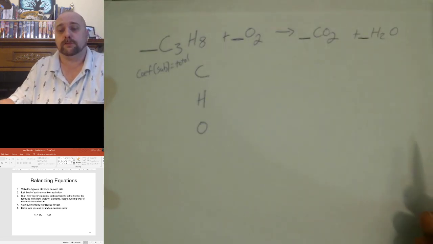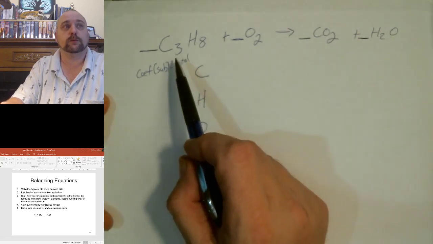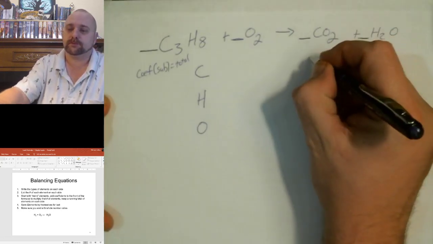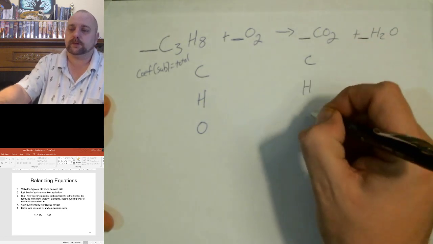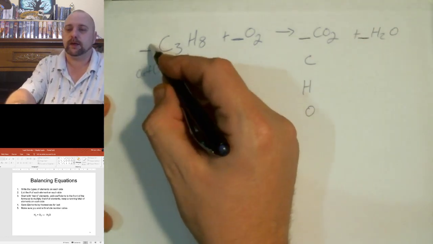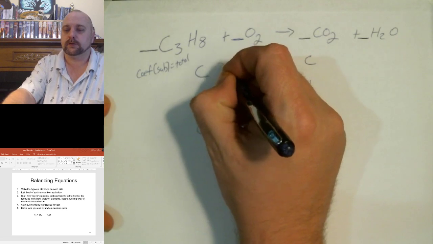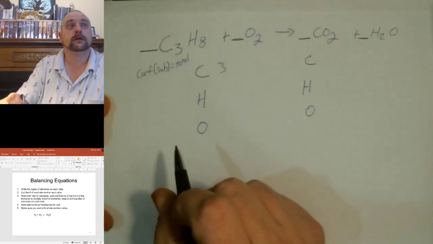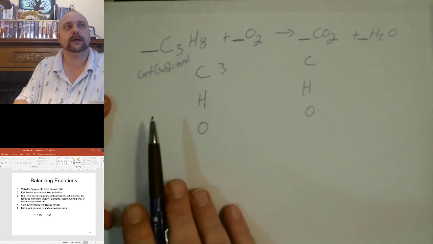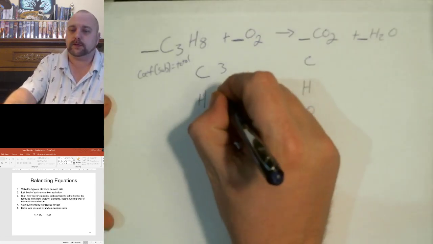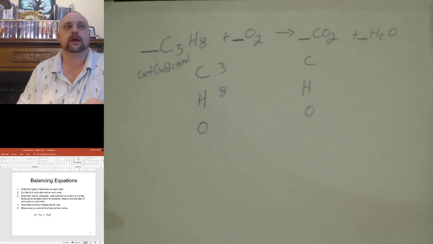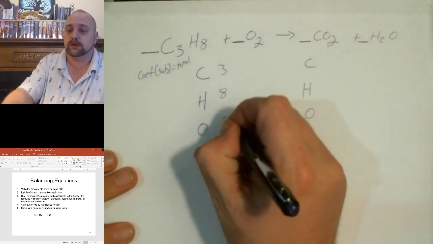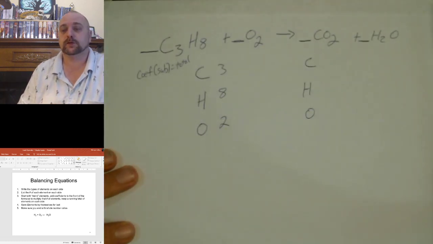Now, if the element is found in more than one place, for instance, the oxygen on this side, then I'll add those up. Carbon, hydrogen, oxygen. So for this side, I have 1 times 3, 3 carbons. 1 times 8 is 8 hydrogens. 1 times 2 to get my 2 oxygens.